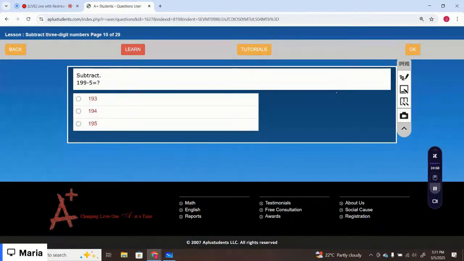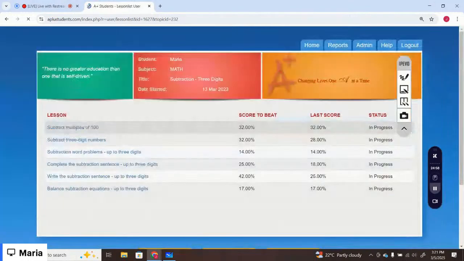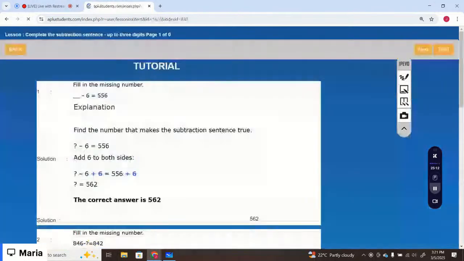Okay, you can complete the lesson by yourself today. Let's just move on to the next lesson. Complete the subtraction sentence up to 3 digits.